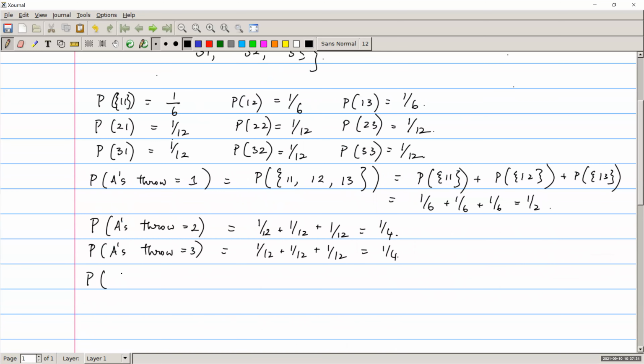What's the probability B's throw equals 1? Somebody else? 1/6 plus 1/12 plus 1/12. So this is the event (1,1), (2,1), (3,1).